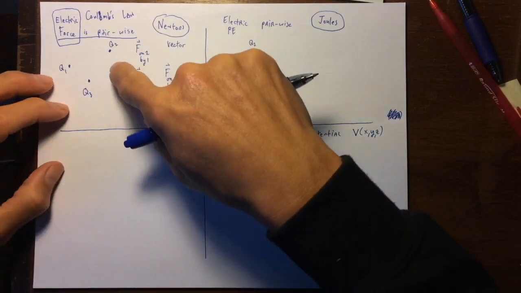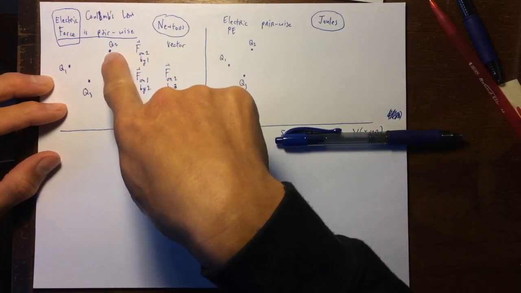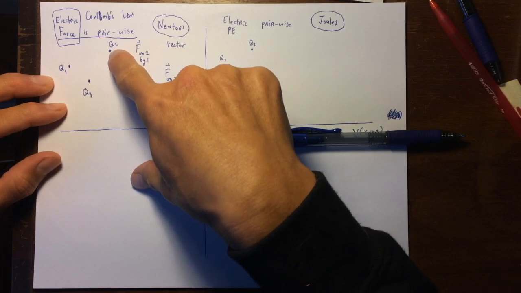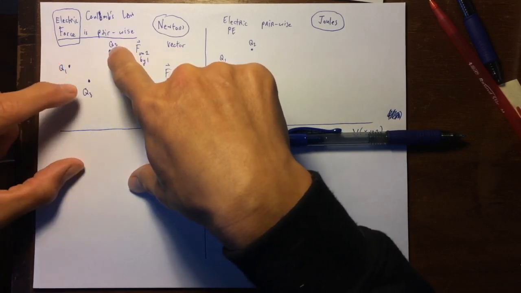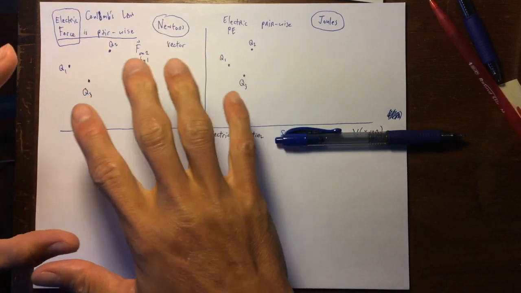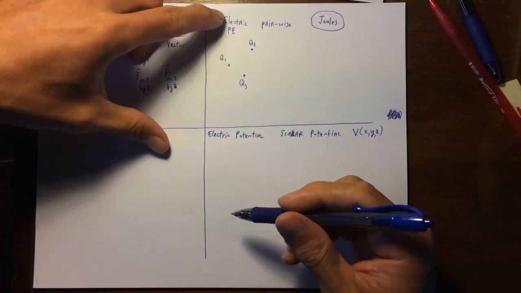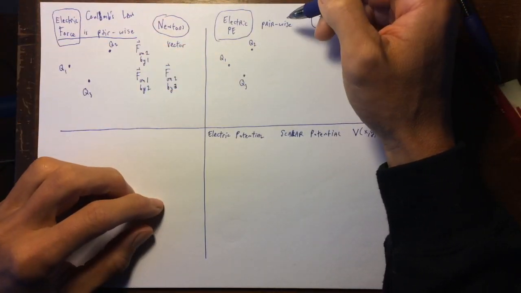In this case, there is a net force on charge number 2. There's a force by number 1 on 2, and there's a force by number 3 on 2. No big deal. Electric potential energy is a really similar idea. It's also pairwise.